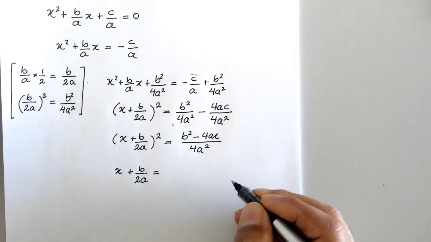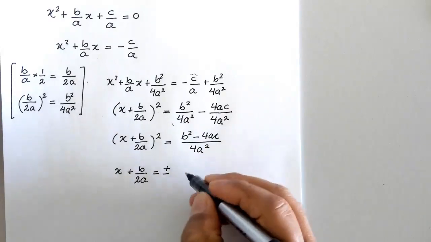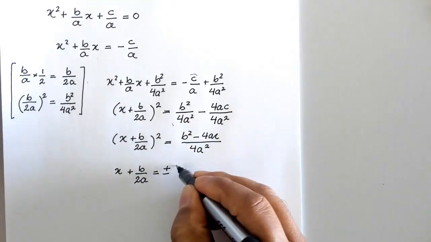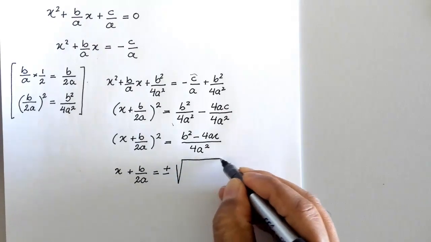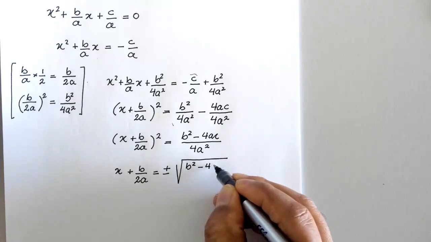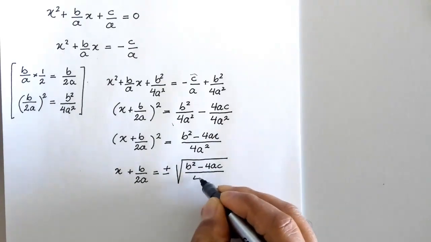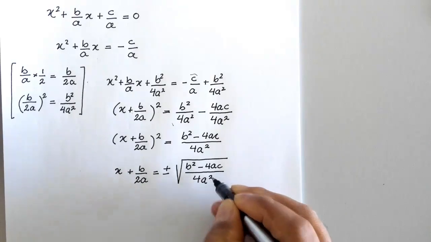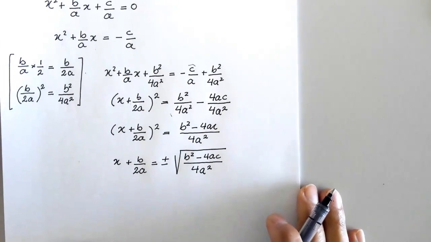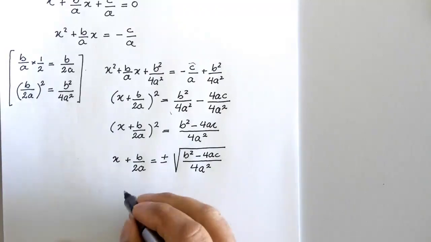All right, and now we're going to square root that one, so plus or minus the square root of b squared minus 4ac divided by 4a squared. And then see what happens.